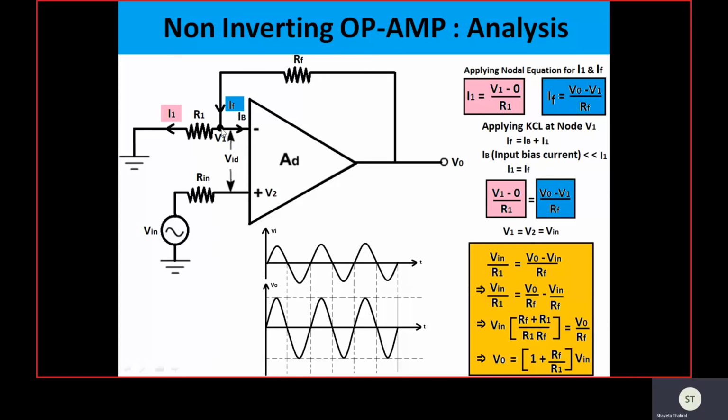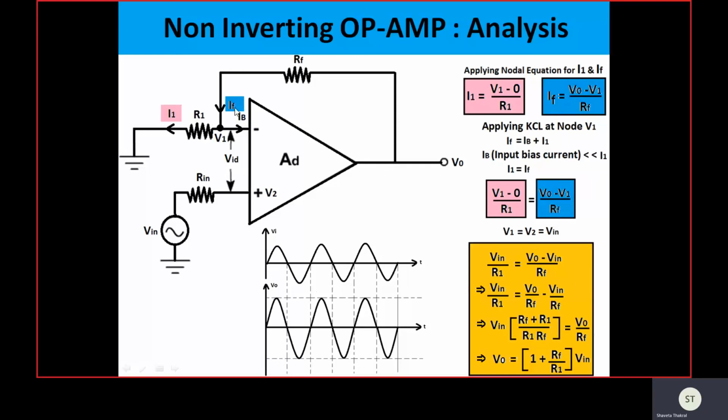So we can write the KCL equation at this point as IF is equal to I1 plus IB. And IB, as a golden rule, we suppose should be 0. So we get I1 is equal to IF. When we write the equation of I1 in terms of nodal equation, we write it as V1 minus 0 divided by R1.